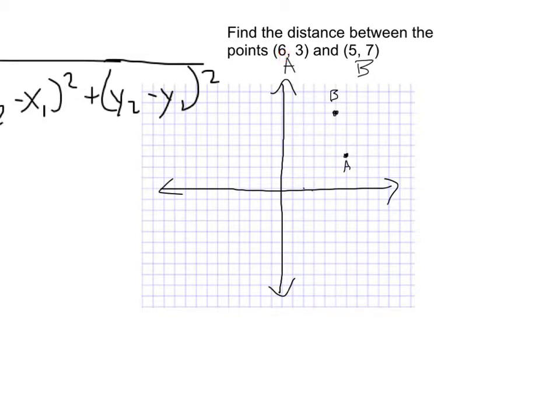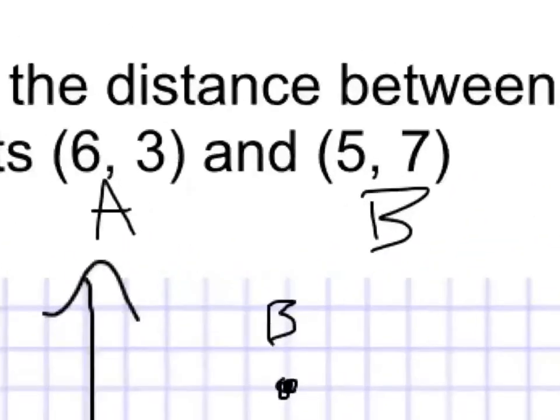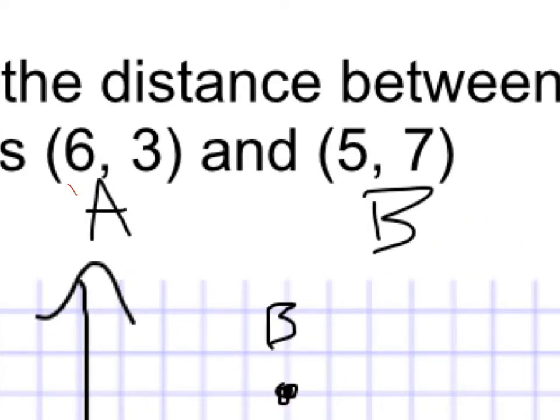So point A is (6, 3), right? So what's the x coordinate and what's the y coordinate there? Well, 6 is the x and 3 is the y. Now it's the first point that comes in our sentence, so I'm going to call it x1 and y1. And then here on point B, (5, 7), that's an x-coordinate and that's a y-coordinate, and I'm going to call that x2 and y2, okay?